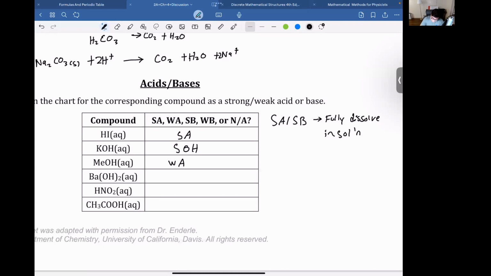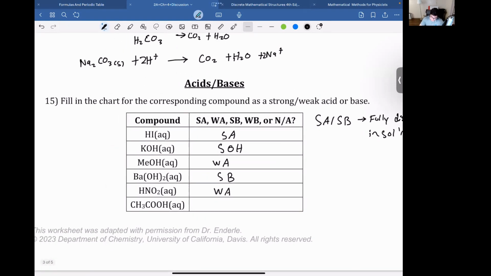Barium hydroxide fully dissolves. It's going to be a strong base based off solubility. HNO2 is a weak acid. It's weak. Hydrogen nitrate or nitric acid. That is a strong acid. And then you have acetic, which is a weak acid.